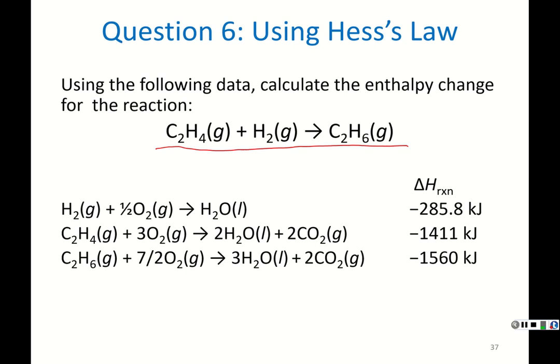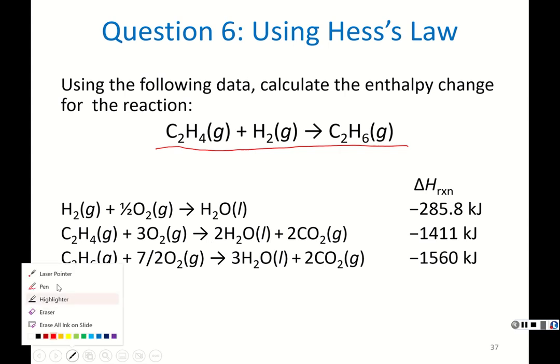To do this, there's no real rule that you have to follow, so you kind of have to do this by inspection. If I look at this first equation, H2 is on the correct side of the arrow that it's in our target equation. So I'd probably just want to leave that one how it is.